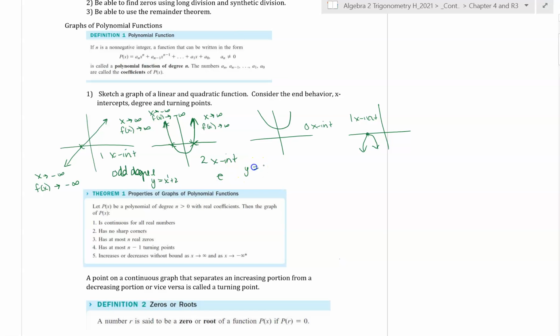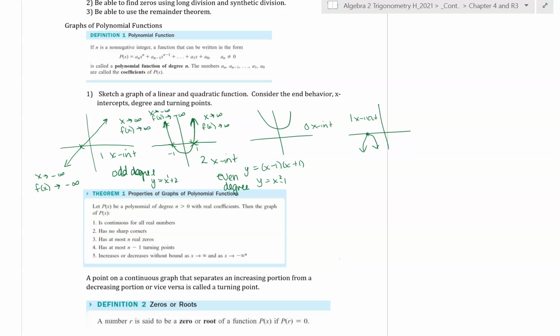You might have a quadratic that looks something like the quantity x plus 1 and x minus 1. That would work for this particular quadratic. And notice that it would be y equals x squared minus 1. And that would have an even degree.